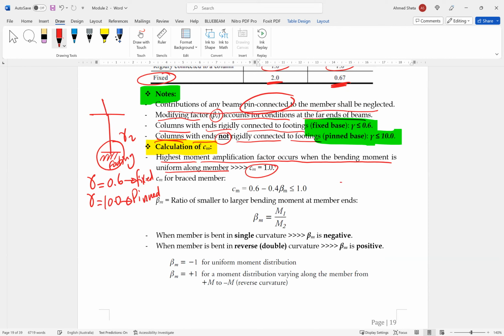Again, what is Cm? Cm is a factor of the moments on the member we are considering. So if we have a column or member like this, we have M1 and M2. So Cm is a factor of the moments of the member.